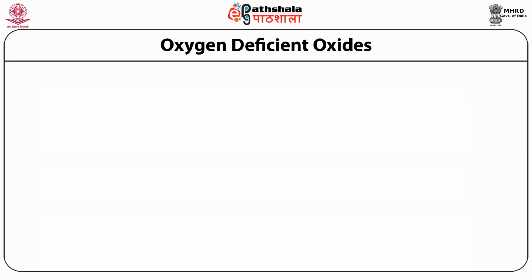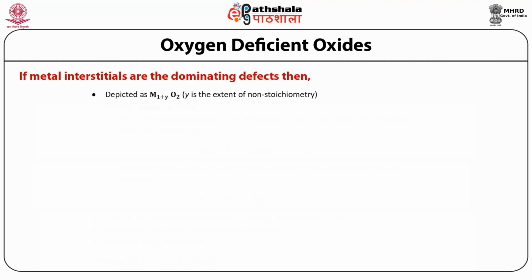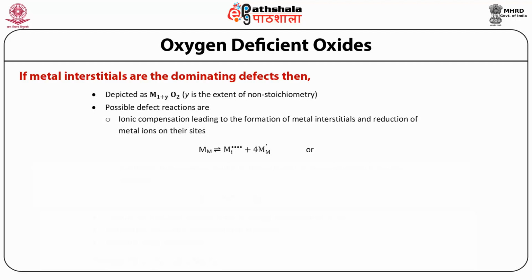Now let us consider if metal interstitials are the dominating defects. Then what will happen? The material will be depicted as M1 plus y O2, where y is the extent of non-stoichiometry. The possible defect reactions are, first, ionic compensation leading to the formation of metal interstitials and reduction of metal ions on their sites, and the reaction is M_M gives M_i four-star plus 4 times M_M prime.